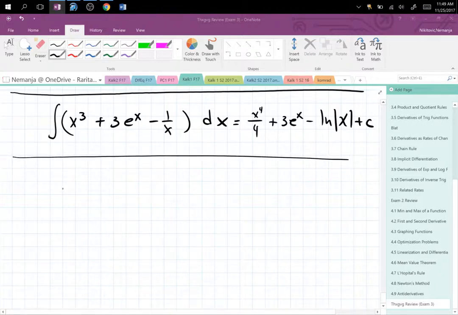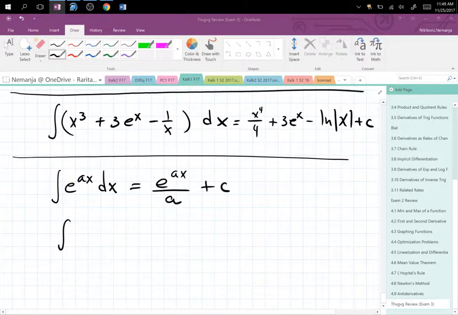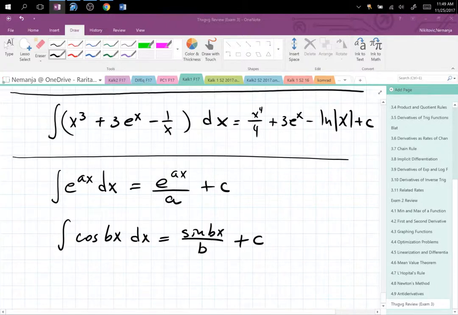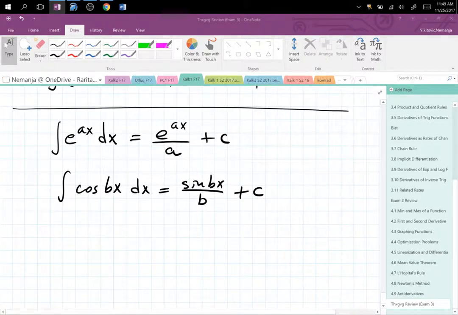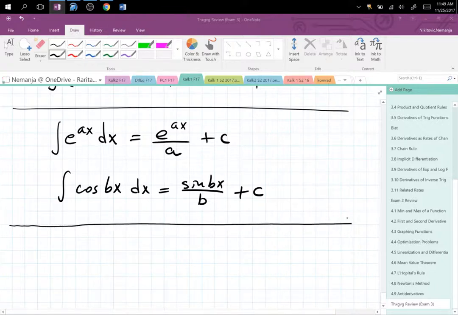Now, if you remember, I said that integral e to the ax dx would be e to the ax over a plus c, and let's say integral of cosine bx dx is equal to sine bx over b plus c. So you can have those as well. We are going to cover that in detail in 5.5 using something called u-substitution.